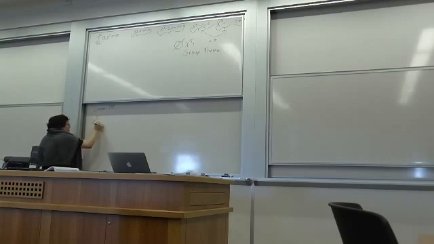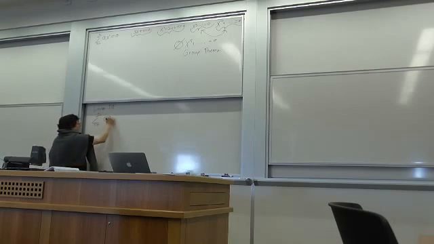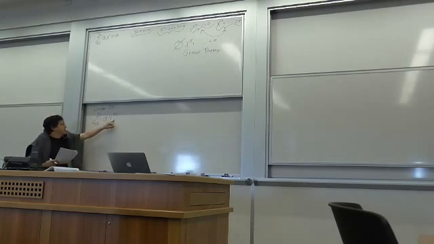I want to look at the sum from i equals 0 to n, some constant a_i, and y to some derivative of y or y itself.